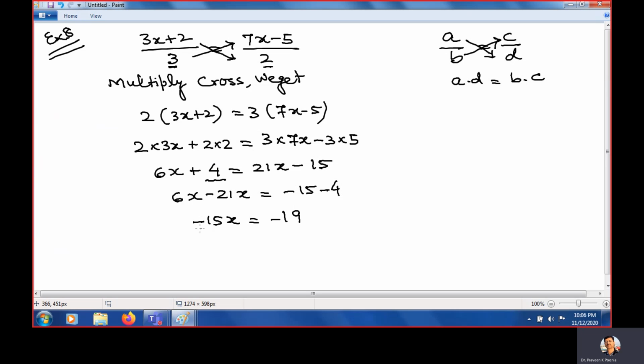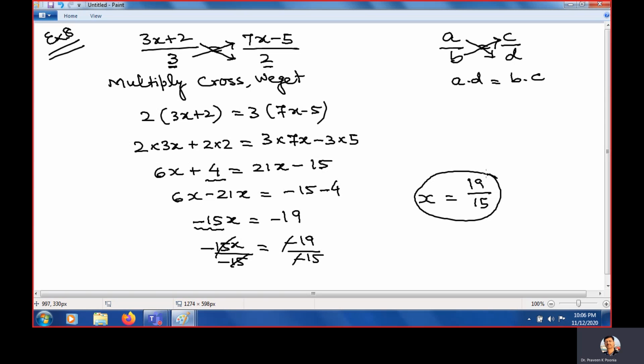Got it? Now here is minus 15, so divide both sides by minus 15. Minus 15x equals minus 19, this minus cancelled by this minus. It is 19 upon 15. This is the value of x.